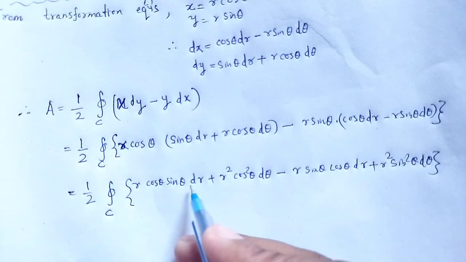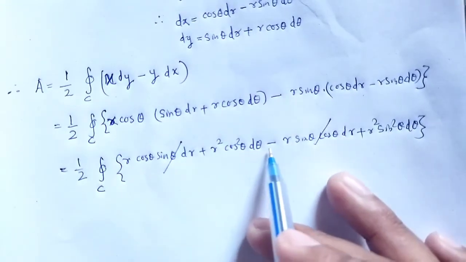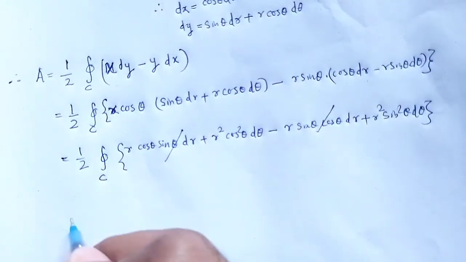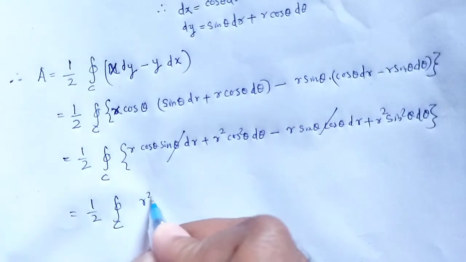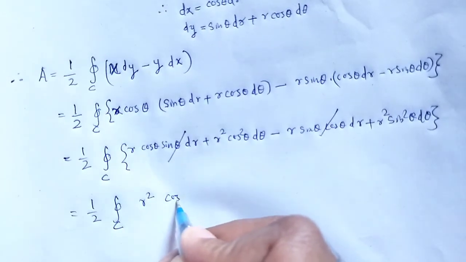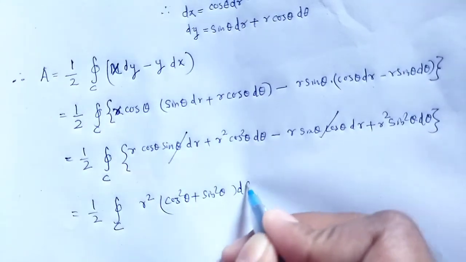The r cos theta sin theta dr and r sin theta cos theta dr terms cancel out, then we have r square cos square theta plus r square sin square theta. That is half closed curve integration over c, taking r square common, of cos square theta plus sin square theta d theta.